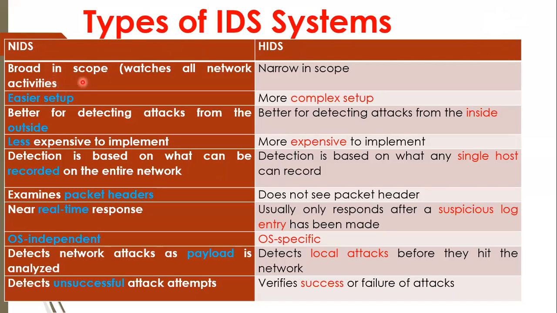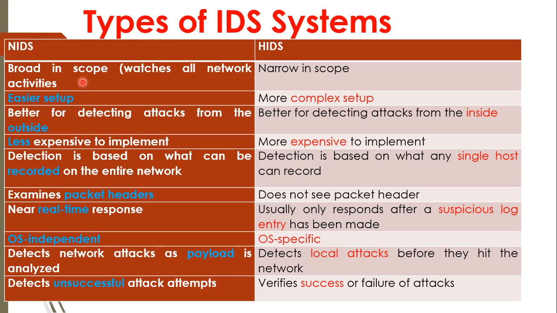Any electronic device that is using the internet, meaning it is connected in the network, comes under NIDS. That includes IoT devices, smart equipment, smart watches, mobile phones, laptops, and desktop computers.